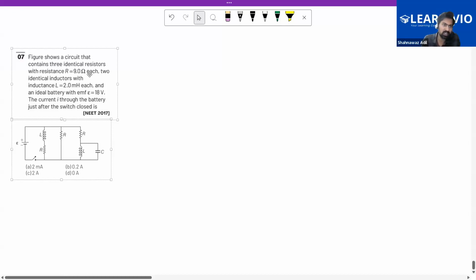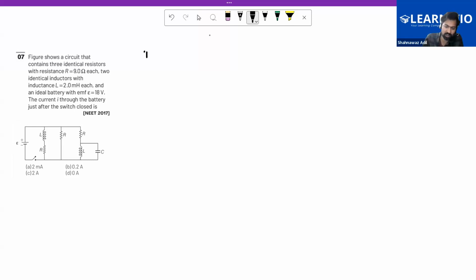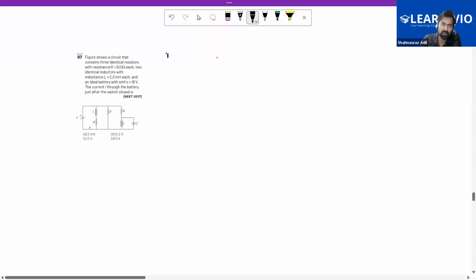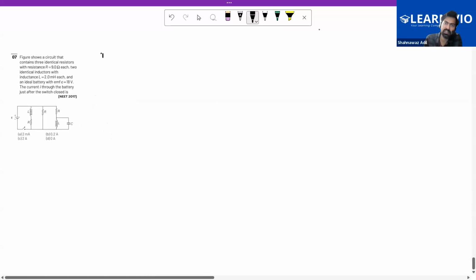The figure shows a circuit that contains three identical resistors of 9 ohm, two identical inductors, and an EMF of 18 V. Find the current I through the battery just after the switch is closed. Right, so what kind of supply is this? This is a DC supply.